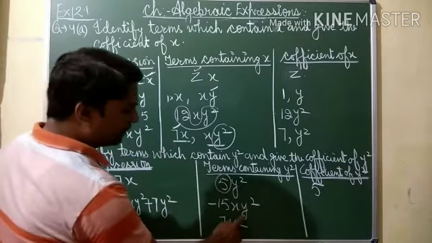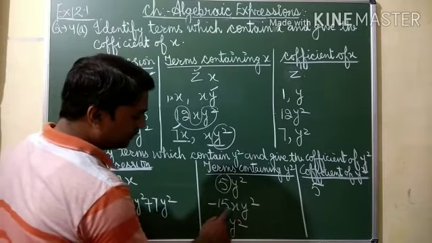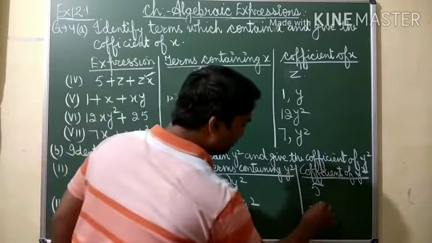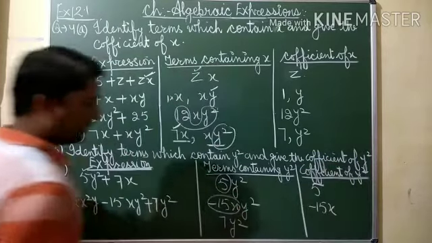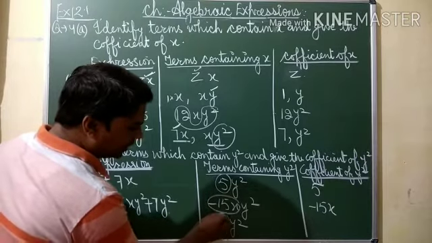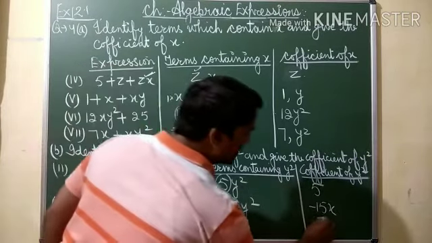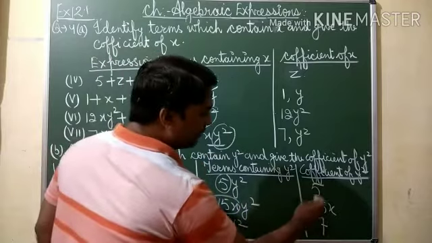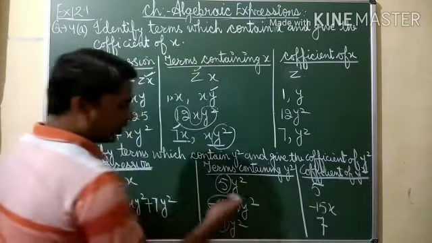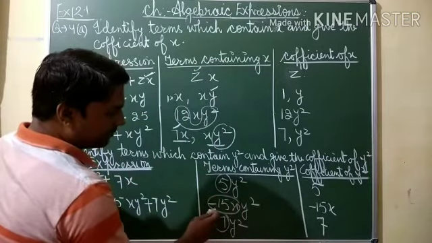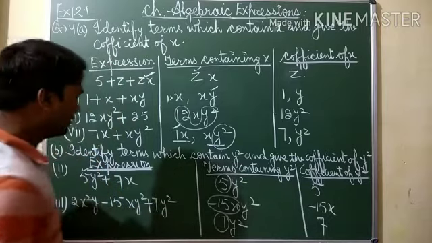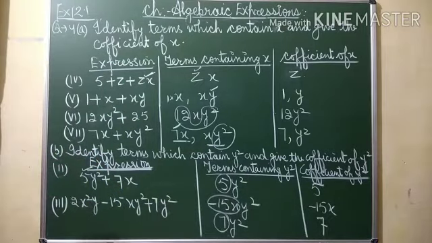Now the coefficient of y square in term minus 15xy square is minus 15x and the coefficient of y square in term 7y square is 7. So 5, minus 15x, 7 are the required coefficients of the terms 5y square, minus 15xy square and 7y square of the given algebraic expressions.